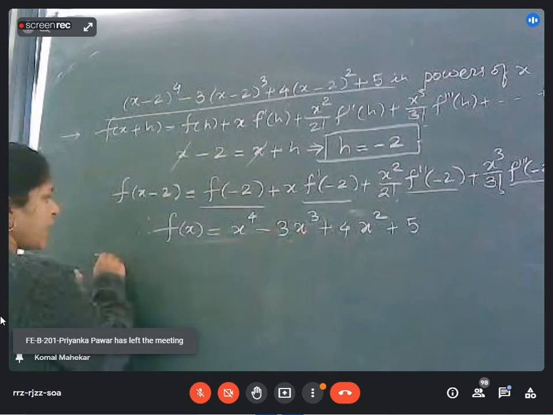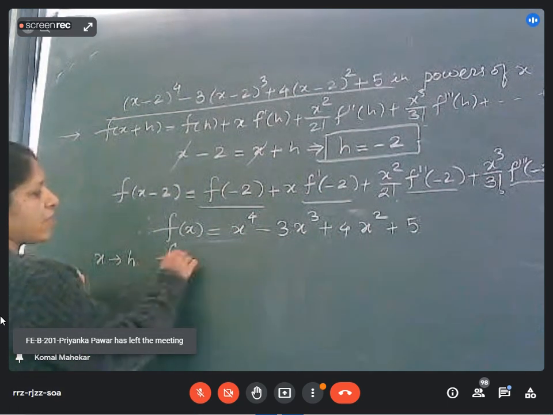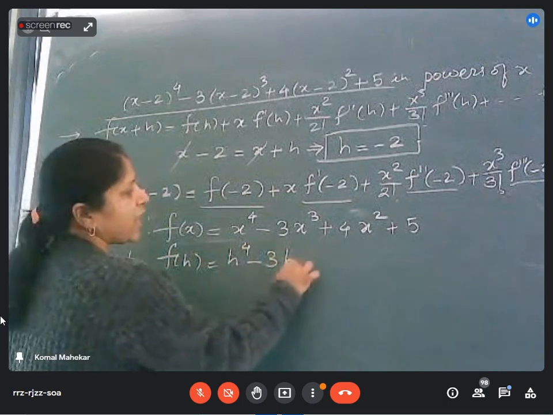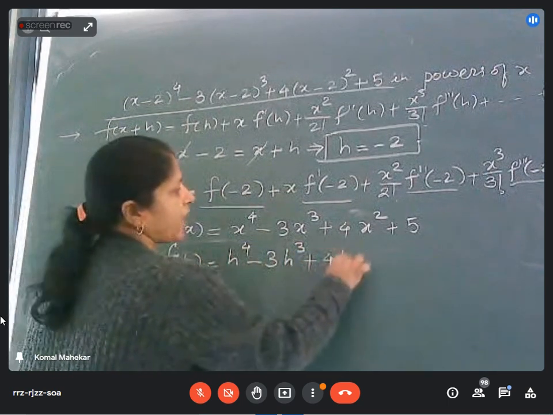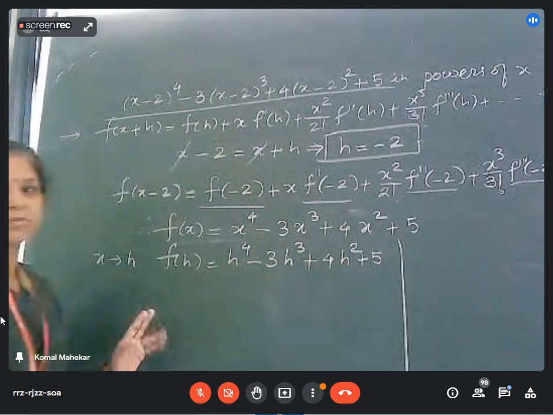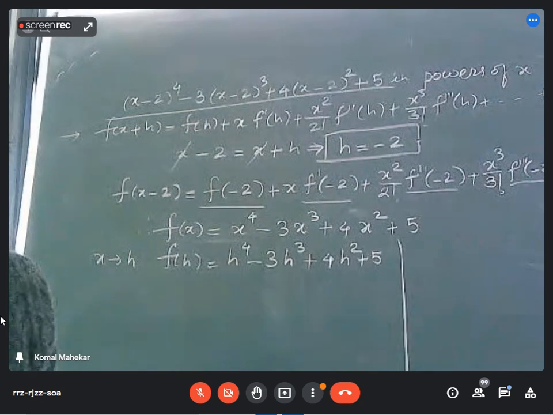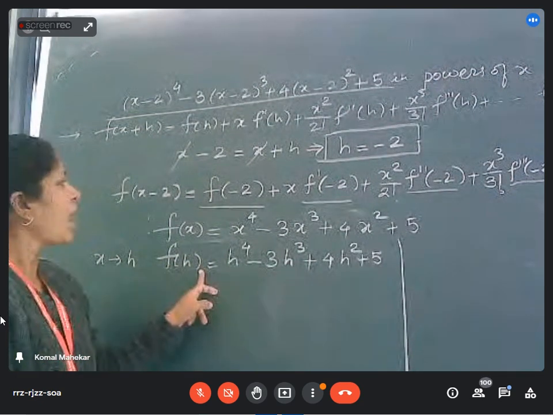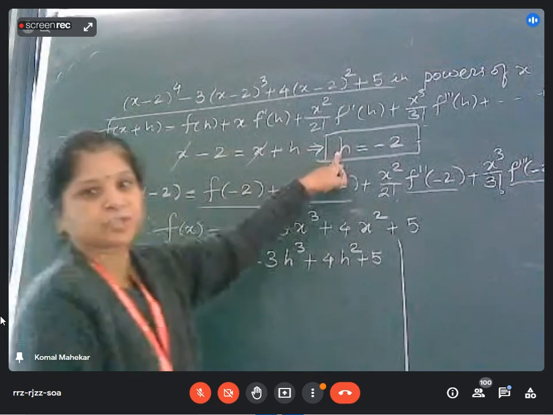So replacing x by h, we get f of h as h raised to 4 minus 3h cube plus 4h square plus 5. And now you can find the value of this function at h equal to minus 2.